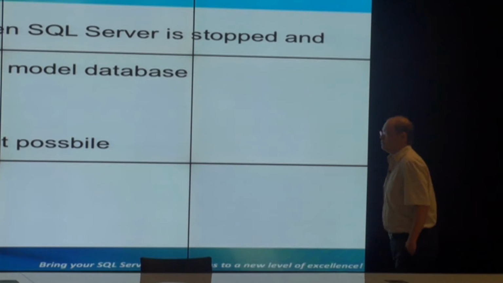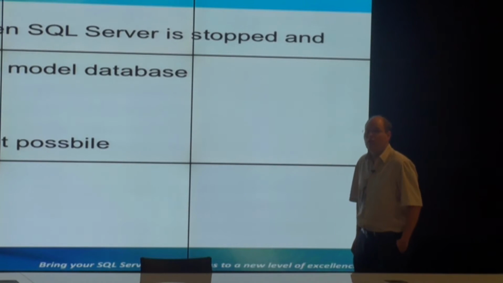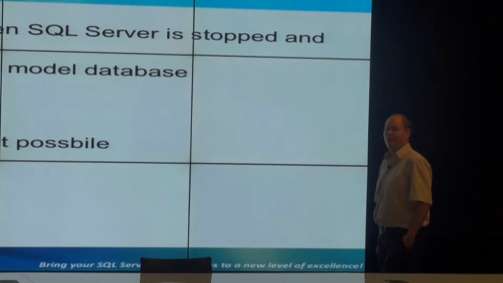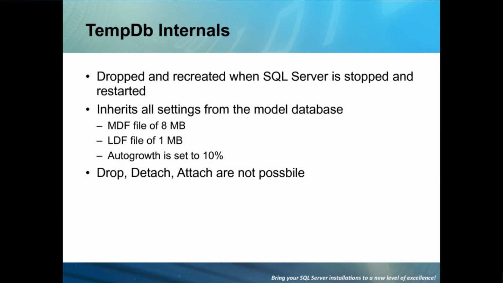By default, when we are running with a default installation of SQL Server, we have crazy default settings for TempDb. With a default setting of the MDF file of 8 megabytes and a transaction log file of 1 megabyte. Who has already seen a TempDb with 8 megabytes in production? Nobody. So those default settings are just crazy.